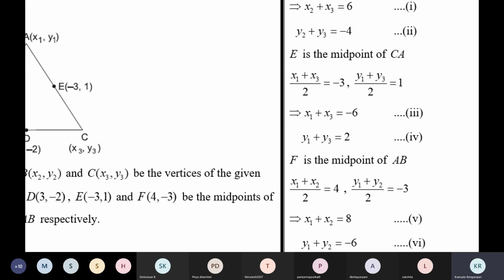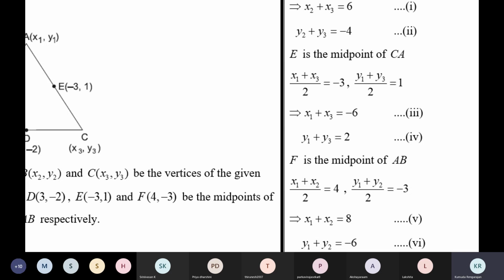Ma'am, 2y1 plus 2y2 plus 2y3 is equal to minus 8. Correct. On taking 2 common, you will get y1 plus y2 plus y3 is equal to minus 8 by 2, which is minus 4. That's all.